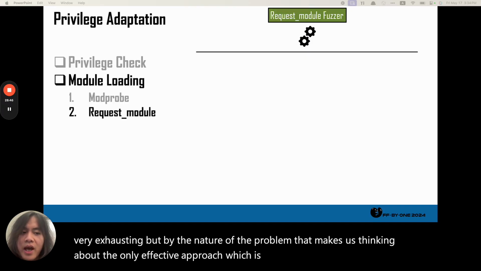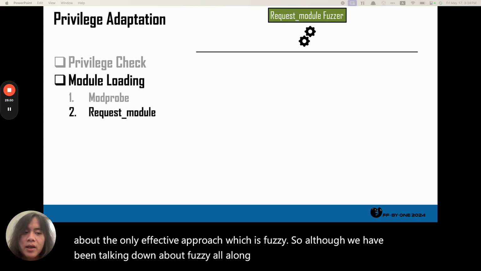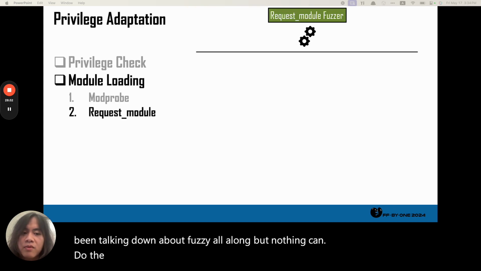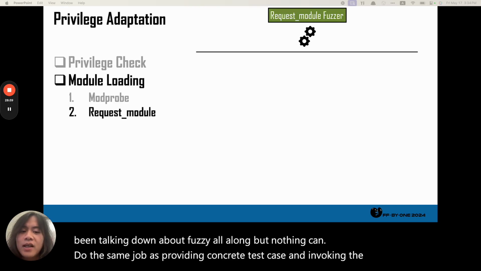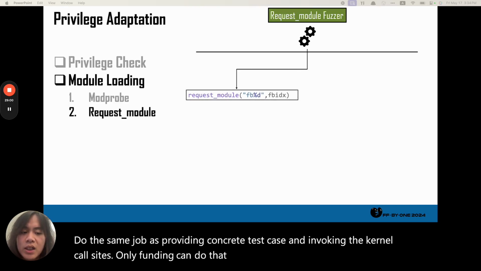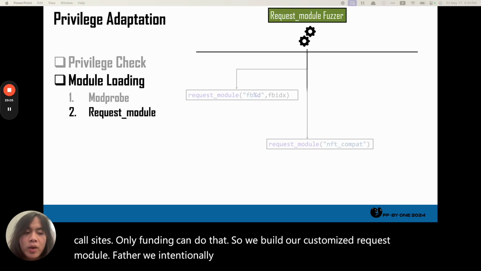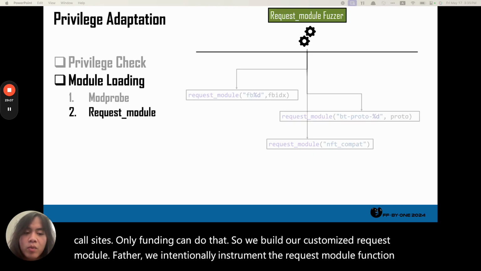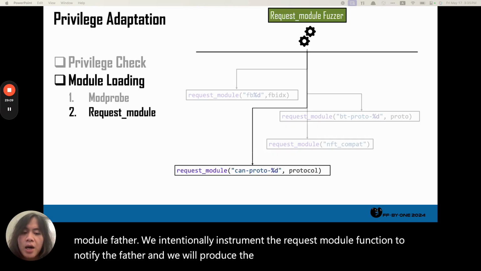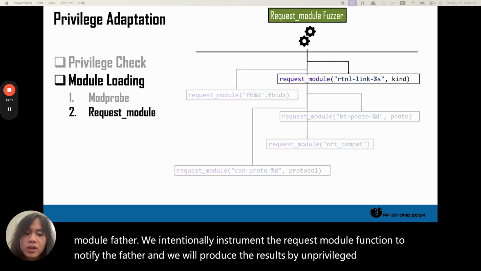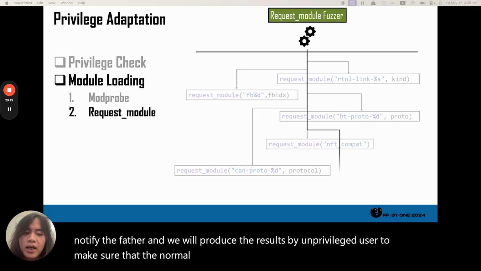Although we have been talking down about fuzzing all along, nothing else can do the same job of providing concrete test cases and invoking the kernel call sites. Only fuzzing can do that. So we built our customized request_module fuzzer. We intentionally instrumented the request_module function to notify the fuzzer, and we reproduce the results as an unprivileged user to make sure that a normal user can load such a module.